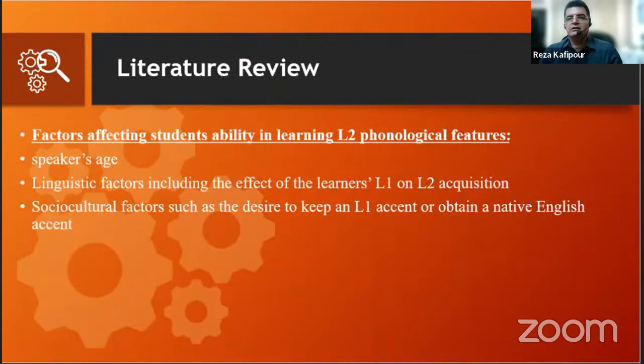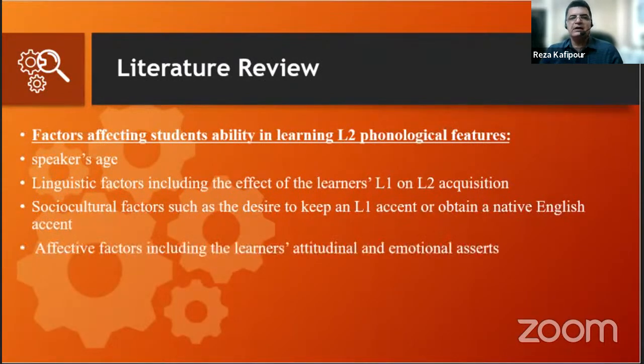For example, for some learners of English, you may understand that they are speaking English with their first language accent. But for some other speakers, you may understand that they control their first language accent and they are trying to follow a British or American accent. So this is a point that may affect the learning and teaching of pronunciation.